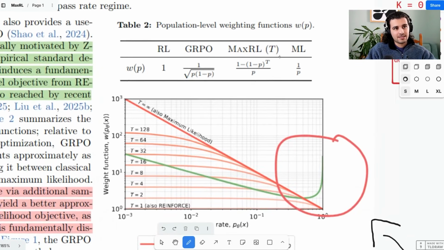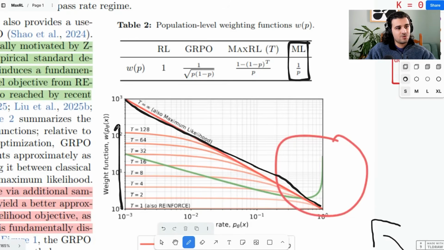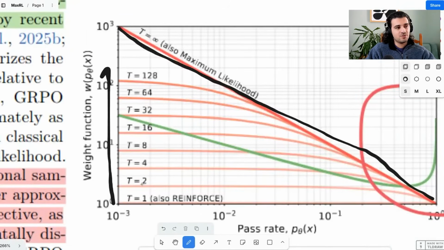MaxRL is like this. The maximum likelihood weight is 1 divided by p. It's this straight line over there, on the logarithm scale. And MaxRL will approximate this given the T that you give. If you give a T of 1, you get REINFORCE. If you have a T of 2, it's a bit better, but still not this nice curve. For T of 128, you get very close to this.